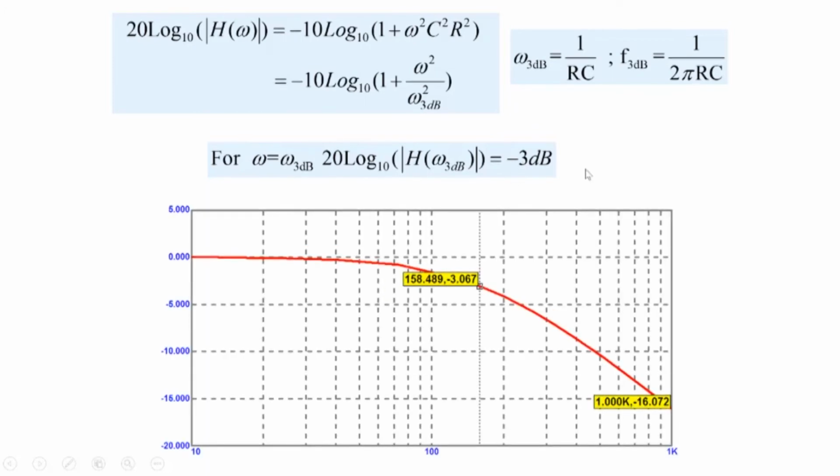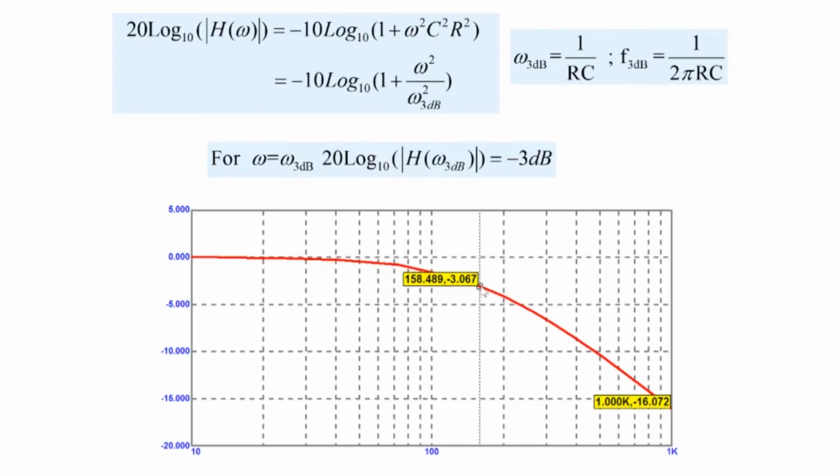So what is the significance? The signals of lower frequency are at 0 dB. 0 dB means the system is like transparent; the signal just goes through. And at this particular frequency here, the signal has fallen by 3 dB. So 3 dB is a transition point, a point where the signal is beginning to get attenuated.